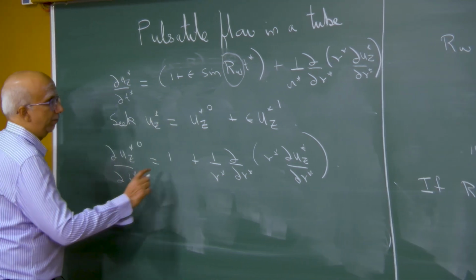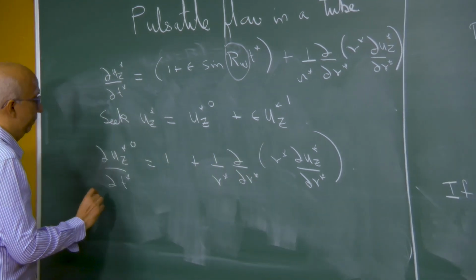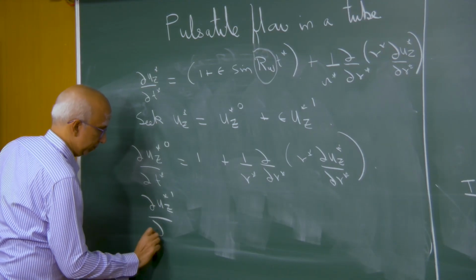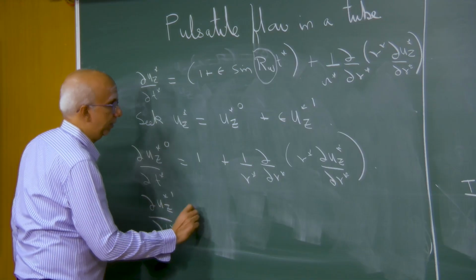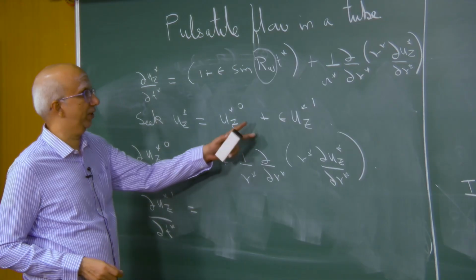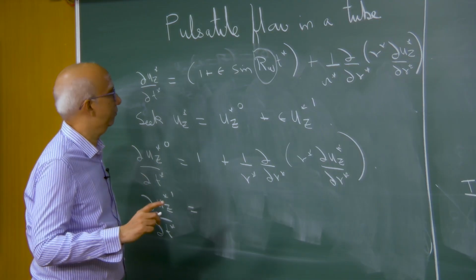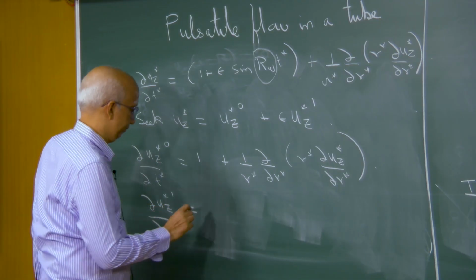For u_z*1, because there is already an epsilon here, basically what I am doing is substituting this back here and equating powers of epsilon to the power 0 and epsilon to the power 1.